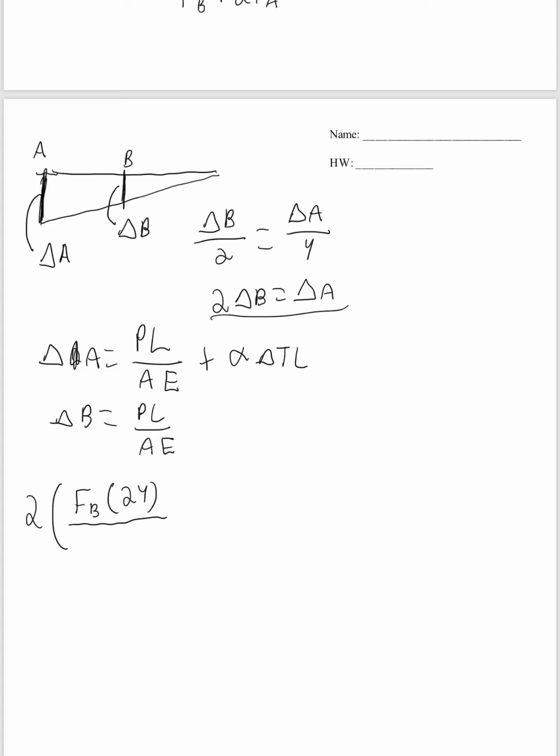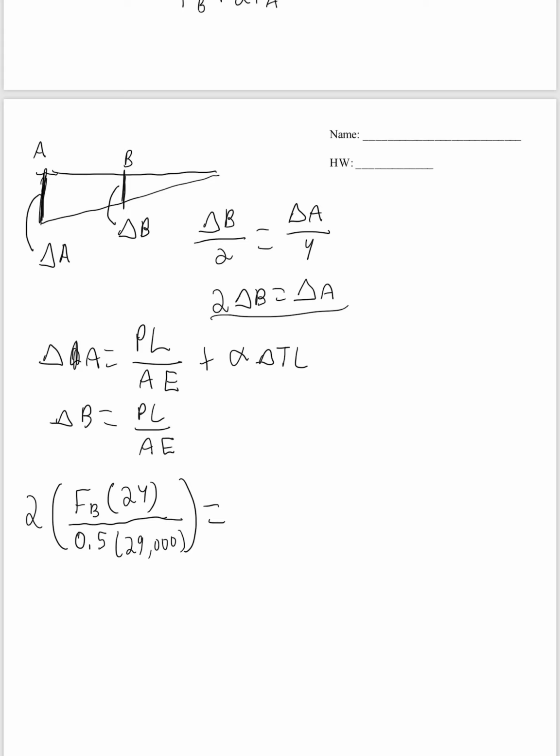The area is given as 0.5 inches squared, and our modulus is 29,000 KSI. And that equals delta A.